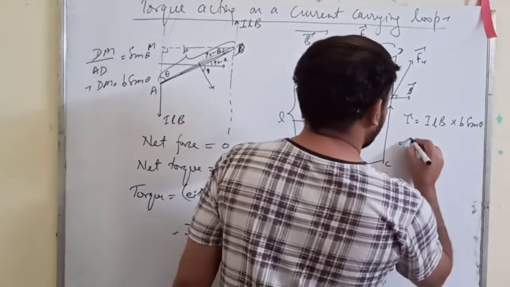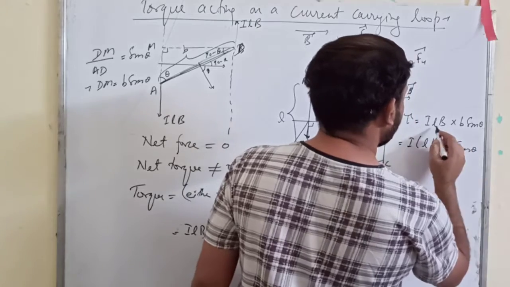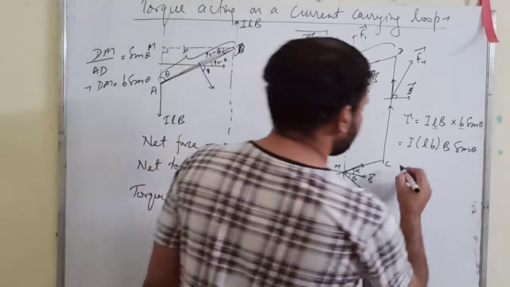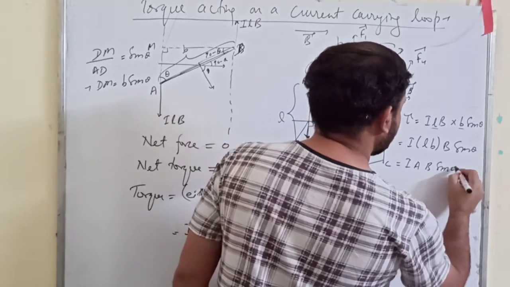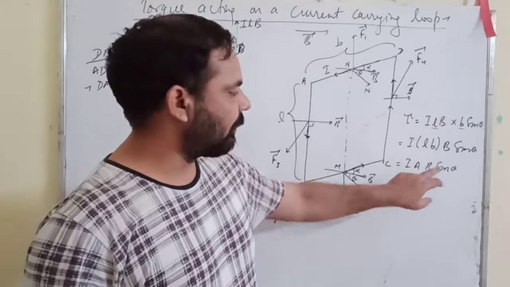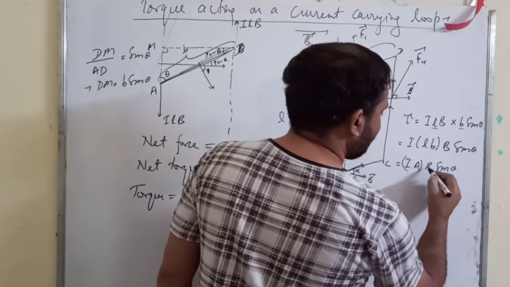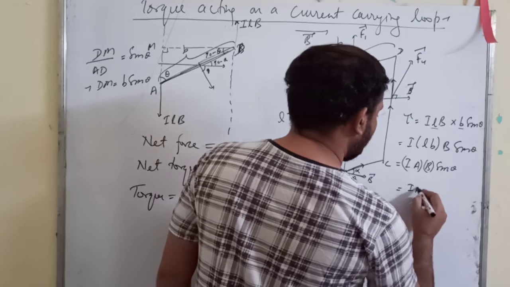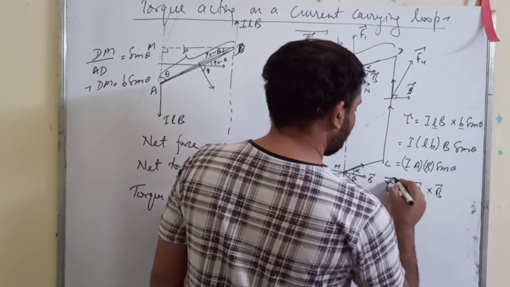Now you can write ILB B sine theta, L and B. So length into breadth will become area. So it is IAB sine theta, right? I into A is the area of the loop, B sine theta. Now you can write it like this. So AB sine theta, you can write IA vector cross B vector. This is your torque vector.